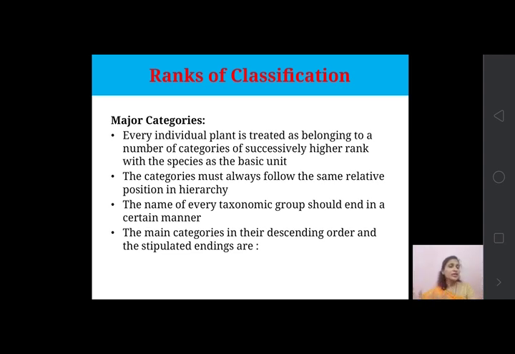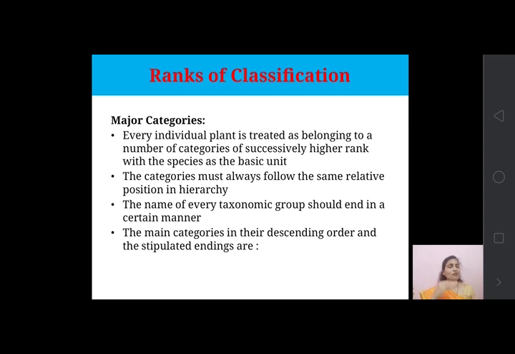We have discussed the hierarchy. In the hierarchy, the categories are placed according to their level. Species is the lowest, then genus, then family, then order, then class, like that. The name of every taxonomic group should end in a certain manner. Species and genus are the two that form the binomial.